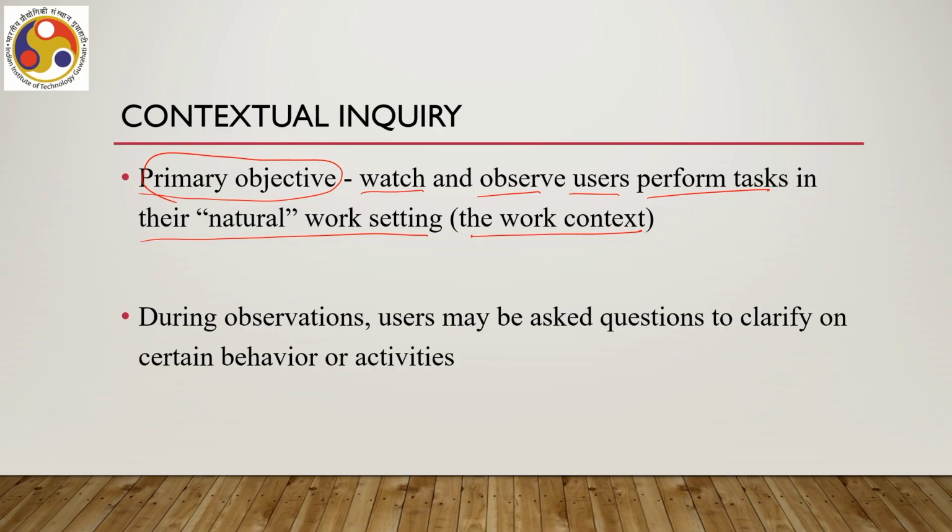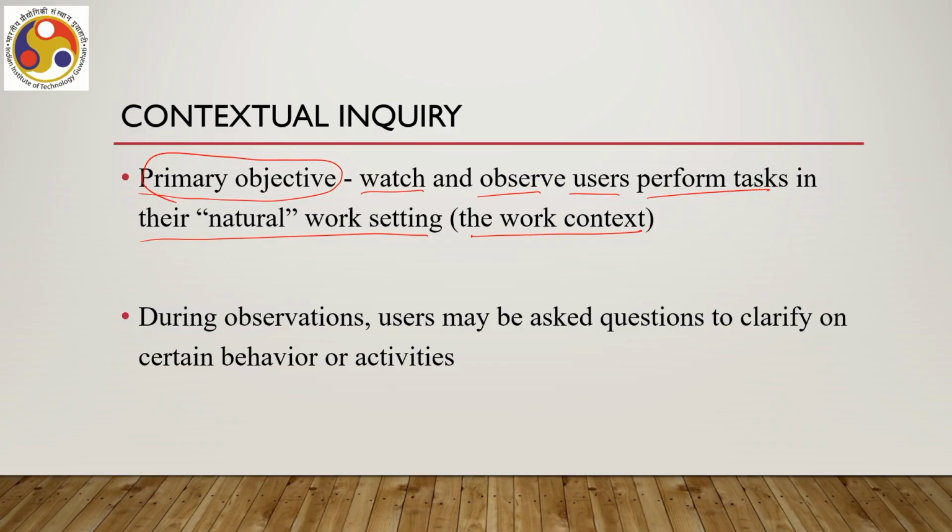So, when you say usability is the quality when it is measured against a specified context of use, in other words the work context, contextual inquiry essentially tries to gather end user requirements when the users are working in a specified context, which we can call natural work setting.